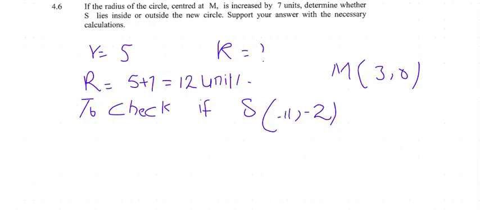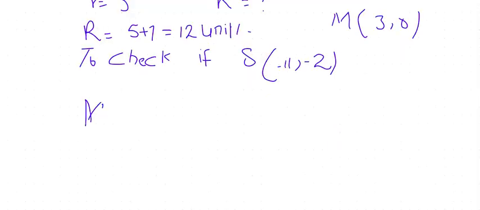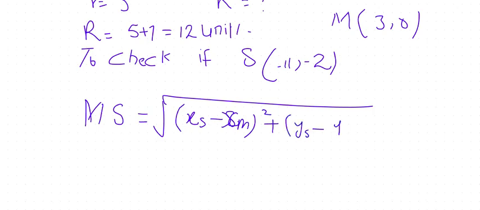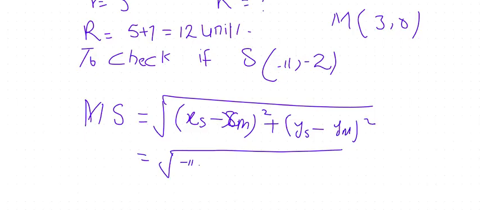We have to calculate the distance MS equals the square root of XS minus XM squared plus YS minus YM squared. Alright, so we got minus 11 minus 3 plus minus 2 minus 0.